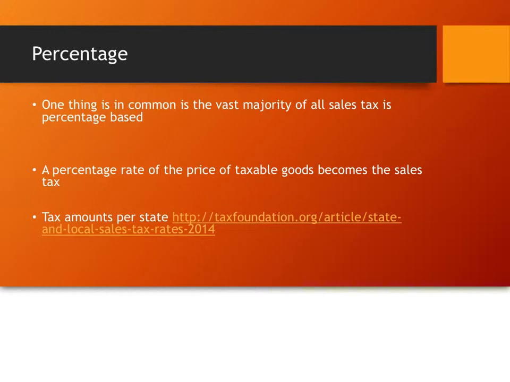And that becomes your sales tax. And if you want to click on the link to taxfoundation.org, you can actually look these things up. It's pretty easy to do a quick Google search on what the current sales tax rates are throughout the United States. Each state varies up and down and all that kind of good stuff.